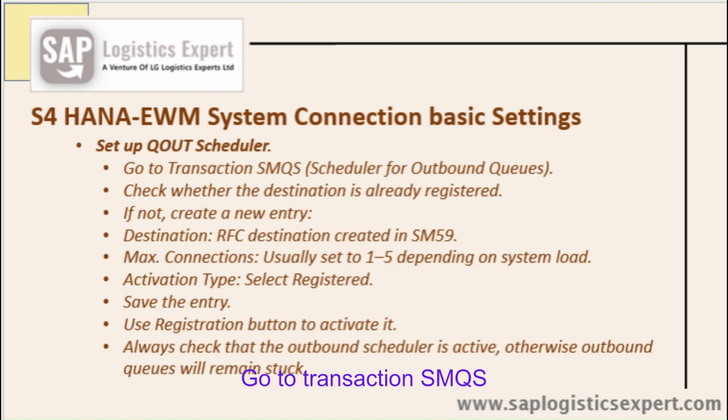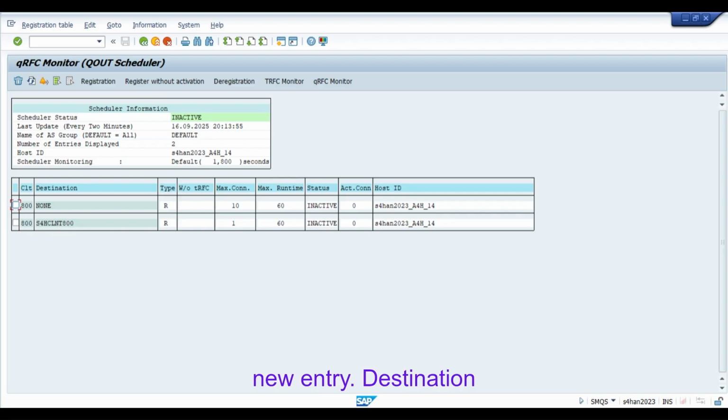Go to Transaction SMQS, Scheduler for outbound queues. Check whether the destination is already registered. If not, create a new entry. Destination: RFC destination created in SM59. Maximum connections: usually set to 1 to 5 depending on system load.